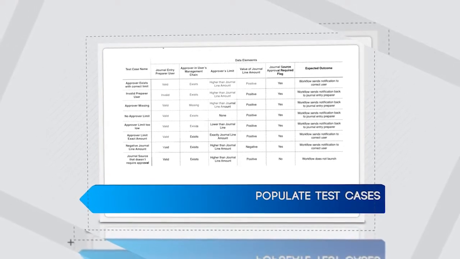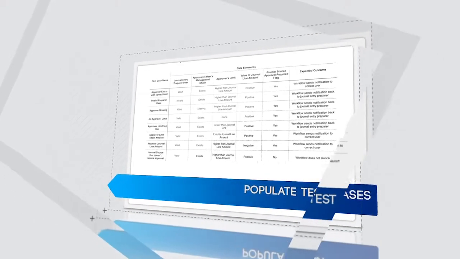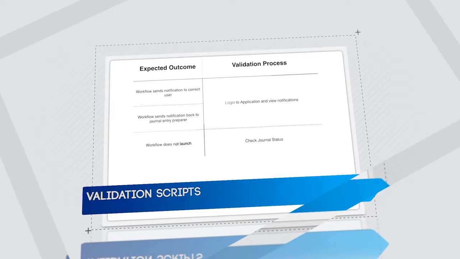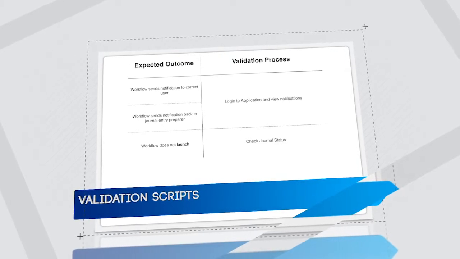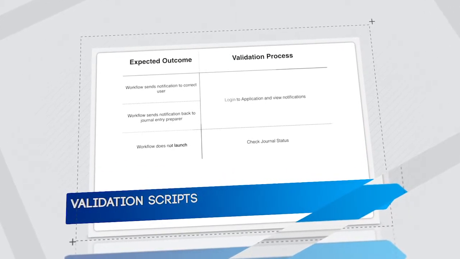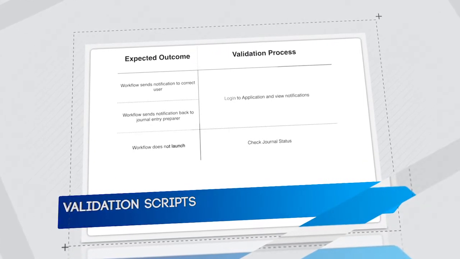So once we have our test case matrix laid out, we need to look at what's the validation. For some of these, we're going to need to look for a notification and see if the program sent the notification, saying, hey, you need to approve this journal entry.